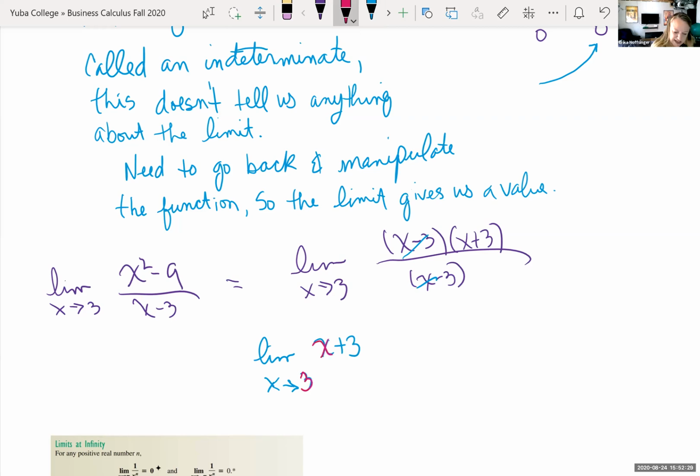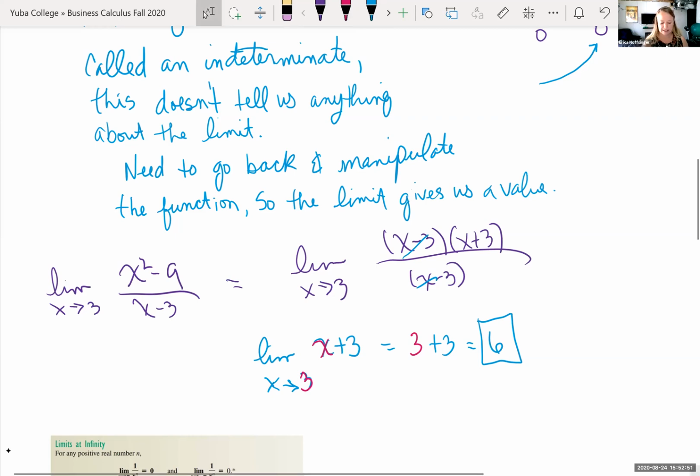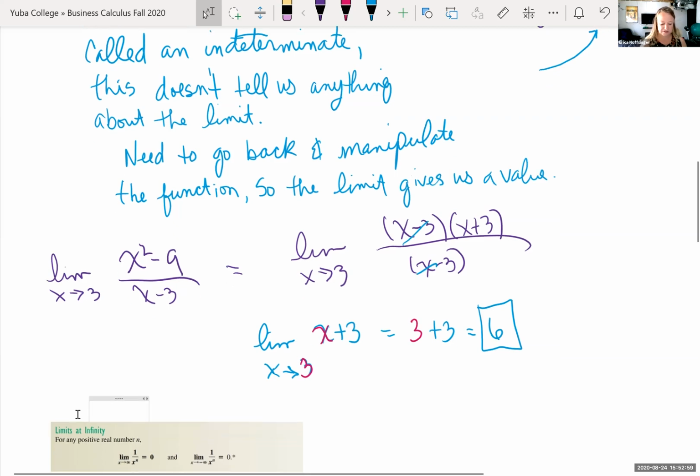Notice when we plug it in now, we get back 3 plus 3, which is equal to 6. So the limit of x squared minus 9 all over x minus 3 as x approaches 3 gives us a value of 6. It's actually undefined there at x equals 3, but we're getting closer and closer to the y value of 6 there.